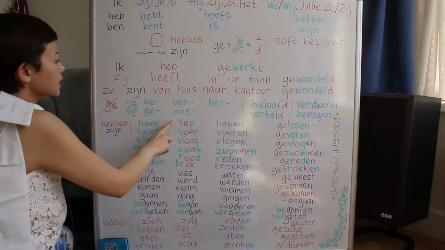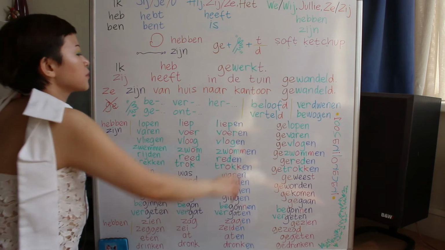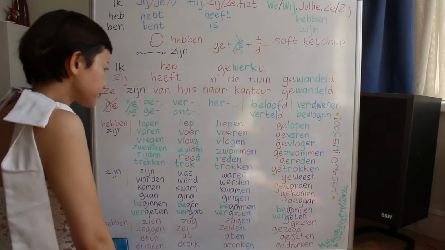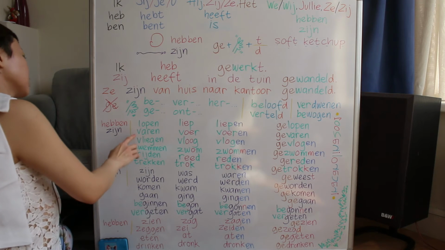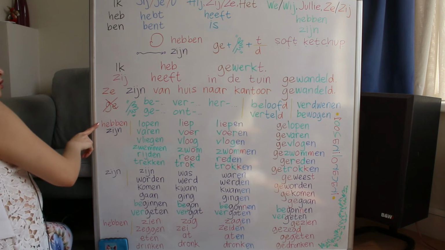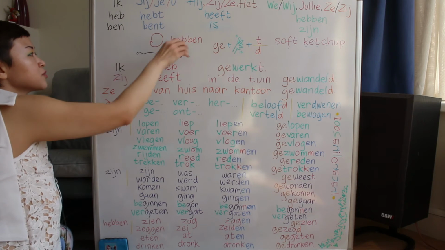Lopen, liep, liepen. It becomes gelopen, walk. So you can use gelopen with hebben. You can use it also with zijn. It depends on the situation, which one.